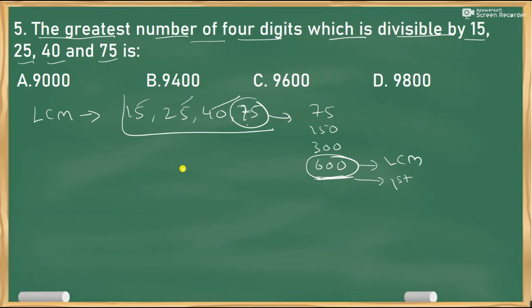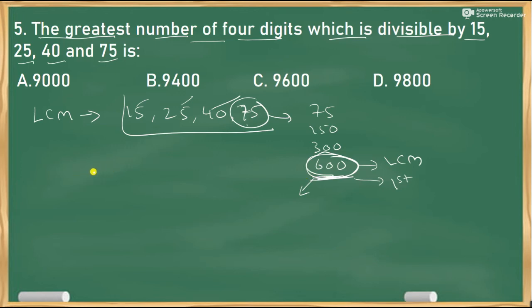Now in order to find that, I can easily say that the highest 4-digit number should also be divisible by 600. Yes or no? Because 600 is a number that is divisible by 15, 25, 40, 75. So if there is a 4-digit number that is divisible by all these 4 numbers, then that particular number should also be divisible by 600.